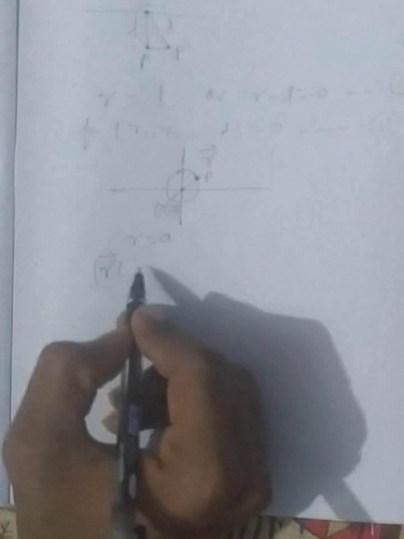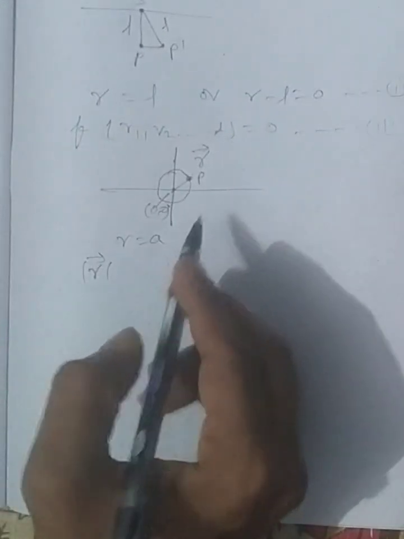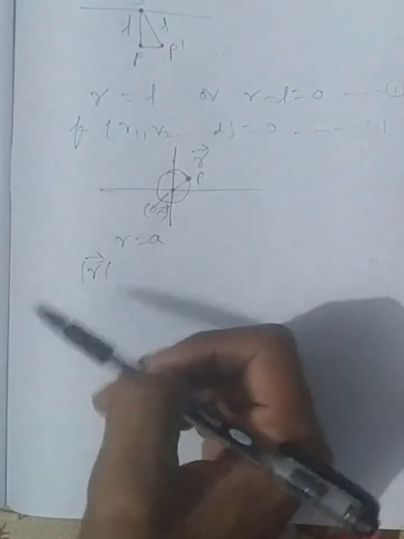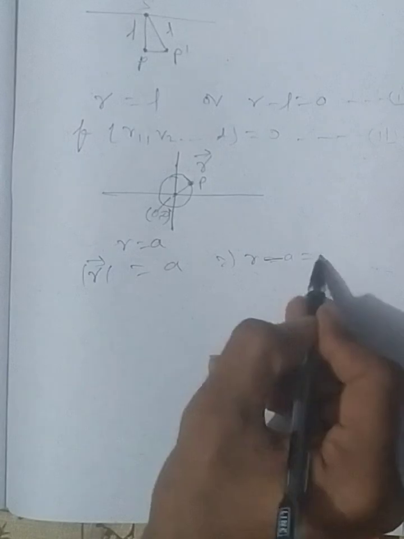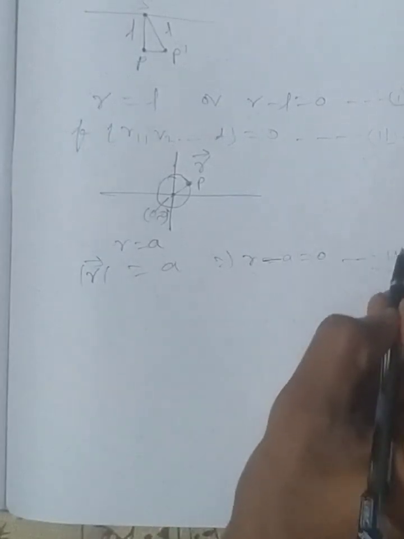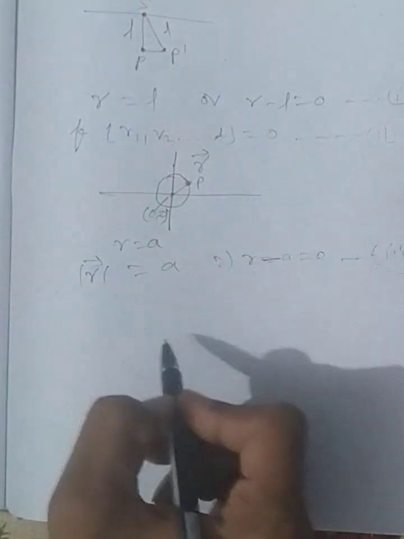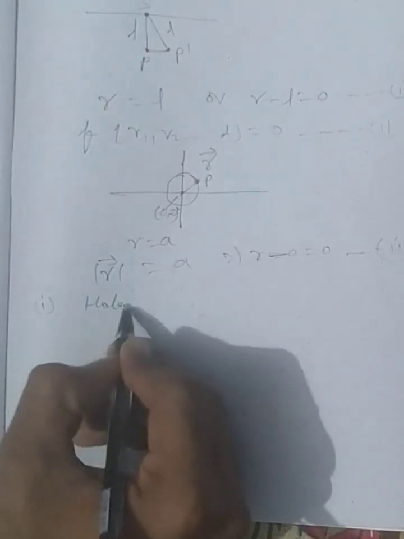And so the condition here is that the modulus of r vector, that is the distance between the origin and the point on the circumference of the circle, is always equal to the radius. And this implies that r minus a equals 0. Of course, equation 3 is also of the form of equation 2, so this is also an example of holonomic constraint.